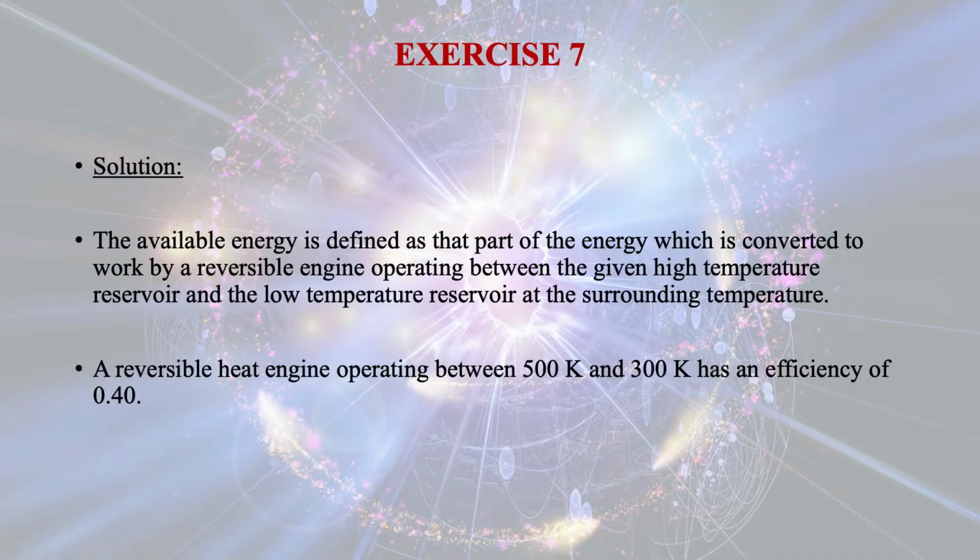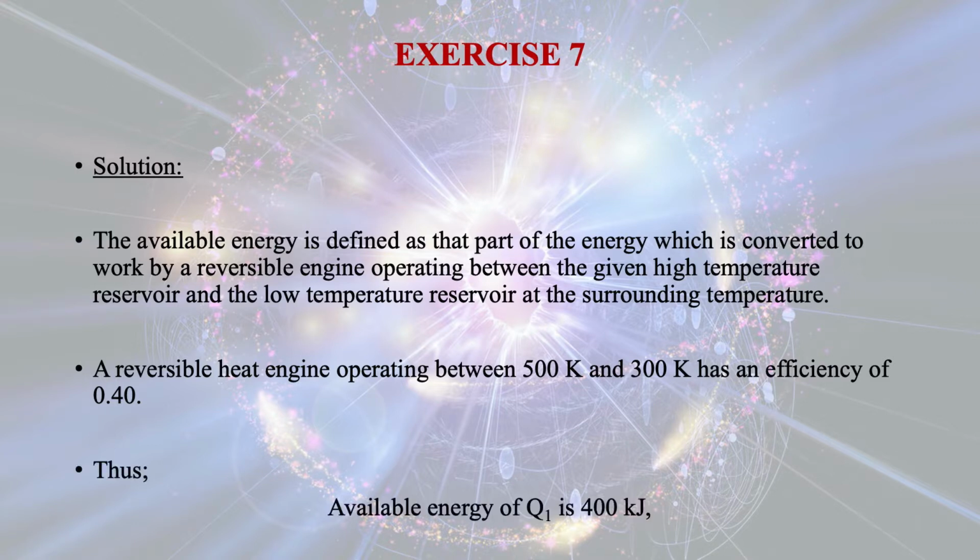A reversible heat engine operating between 500 Kelvin and 300 Kelvin has an efficiency of 0.40, because the reversible engine efficiency is equal to 1 minus T2 divided by T1. For this case, T2 is given as 300 Kelvin and T1 is 500. So 1 minus 300 by 500 comes out to be 0.4.